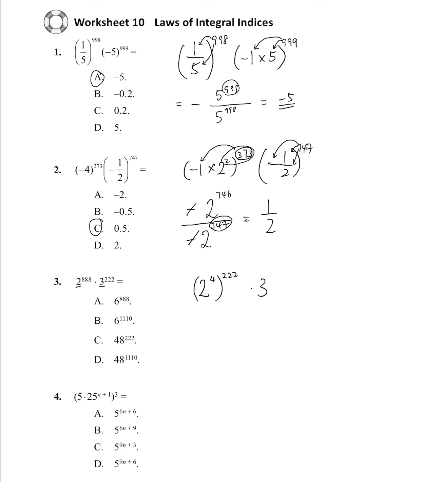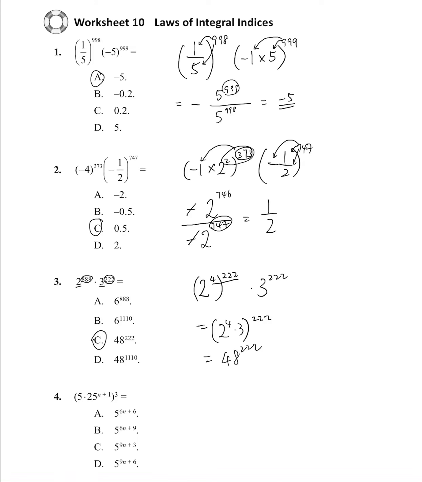So what you would have realized is that I cannot make a 222 become 888, but I can make 888 become 222 by doing so. So now, since the power is the same, all I need to do is to multiply the 2 to the power of 4 and 3 together, and that would be 48 to the power of 222.